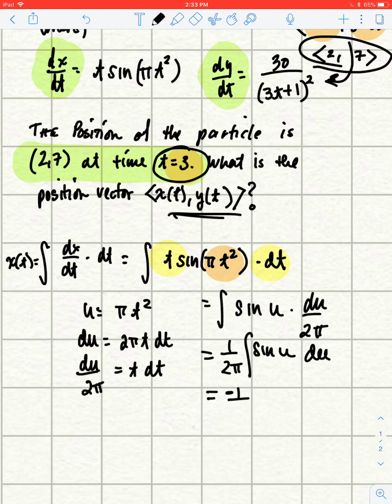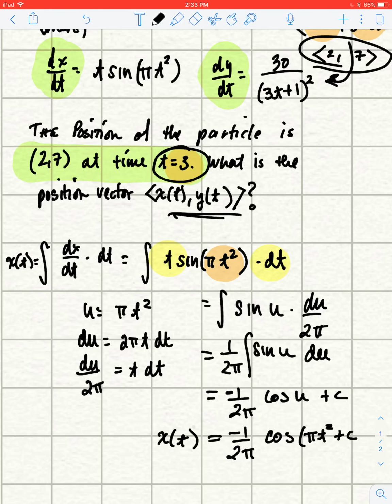And we wind up getting negative cosine. And then plug back in your u. Okay, and then from there, my notation, horrible notation.